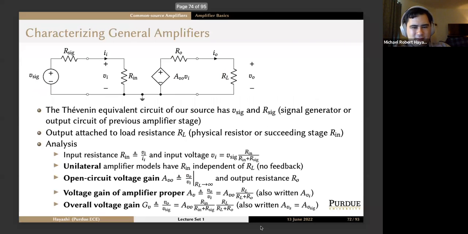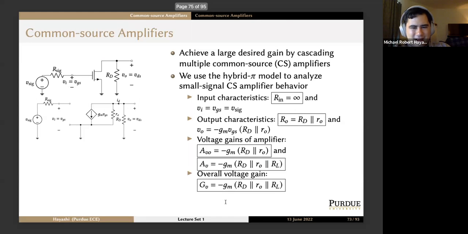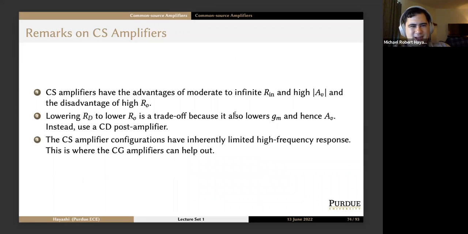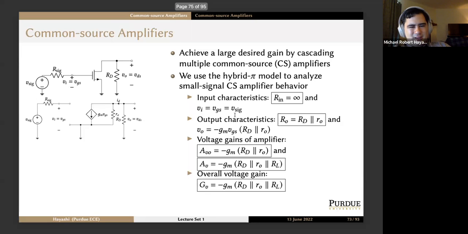And if you recall our overall voltage gain, when we attach a load, we want to have a high output resistance so that when we have all these things in parallel, we get RO in parallel with RL. If RO is too small, that means it's limiting the amount of gain you can get and making it worse when you connect subsequent amplifier stages.